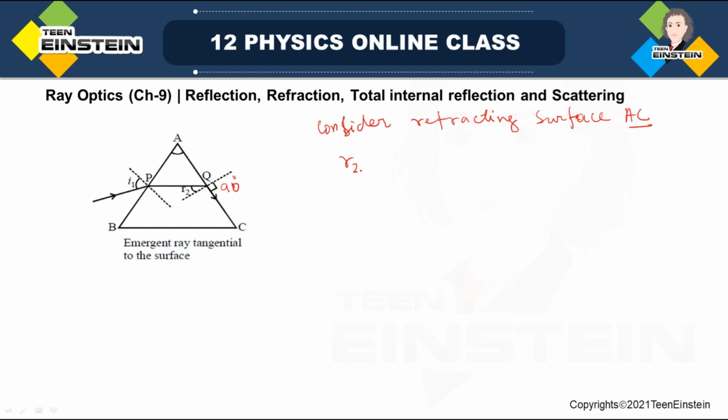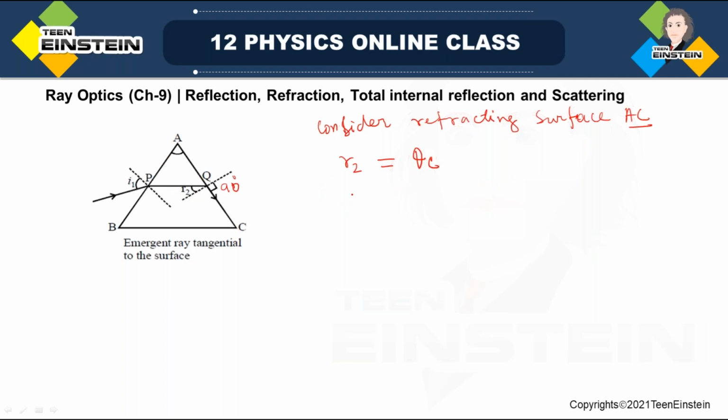That means R2 must be some critical angle for this particular interface. So theta R2 must be the critical angle for the refracting surface AC.